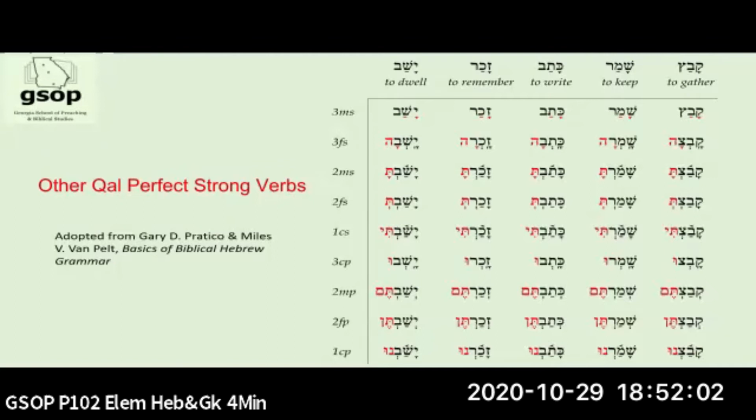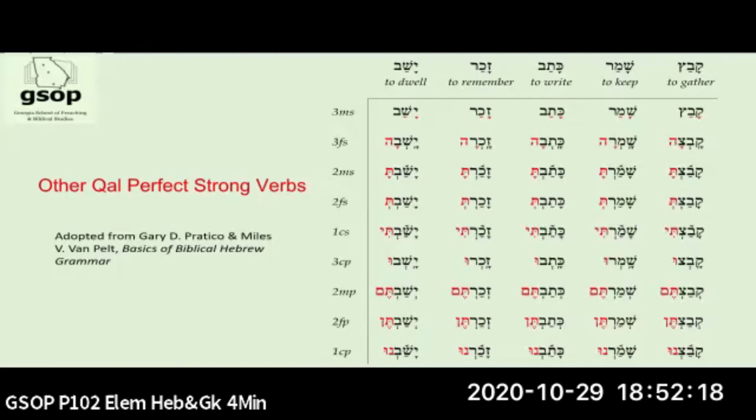And now again, to take those individual words and put them in a different person, number, and gender, you change the suffix.